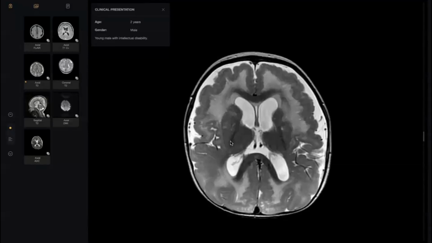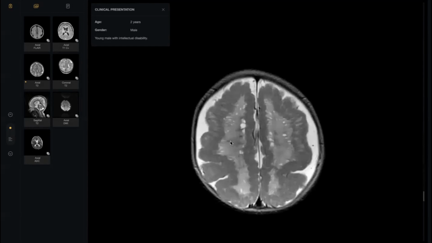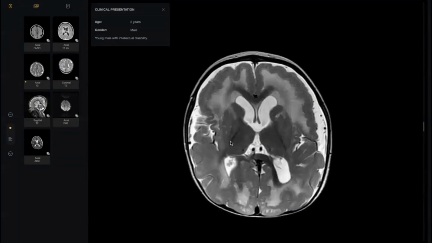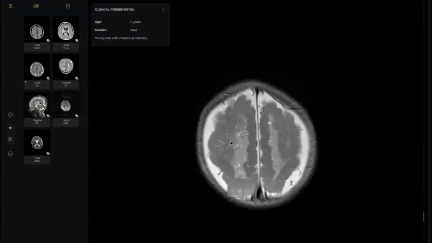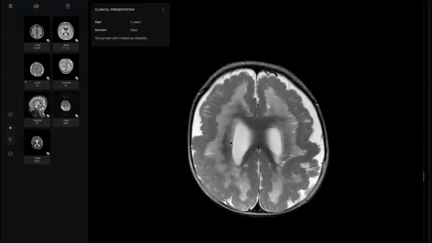The third one is X-linked leukodystrophy, but it usually involves the posterior regions. This patient has restricted growth of the bones. So I think it may be mucopolysaccharidosis.